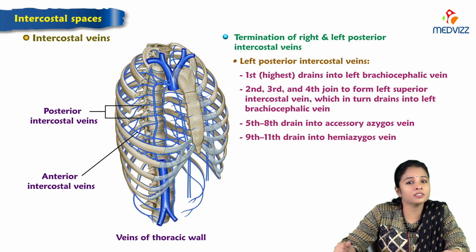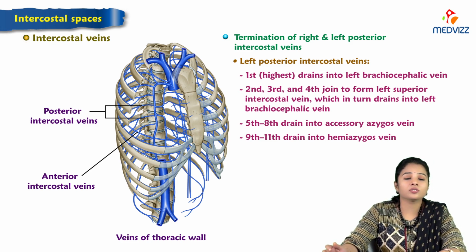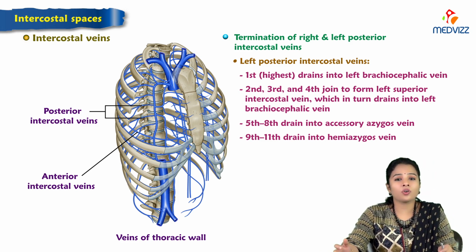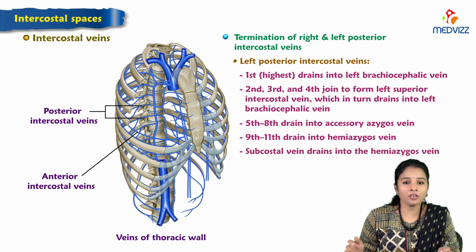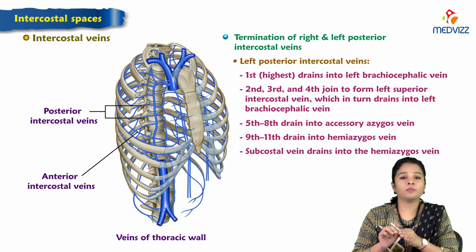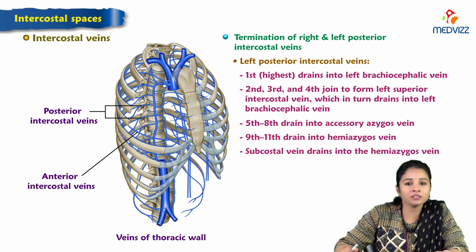And the subcostal vein drains into the hemiazygous vein on the left side. So that is about the venous drainage of intercostal veins. So that's how we completed the intercostal space. I hope you understood this topic. Thank you.